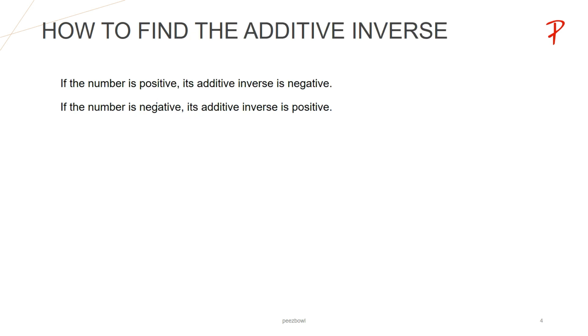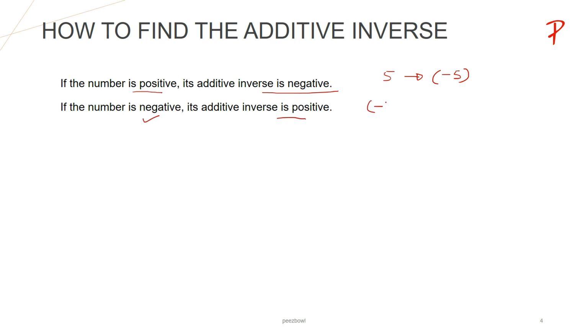Let us understand couple of rules to find out the additive inverse of any number. For any positive number, its additive inverse is a negative number, right? The same number in its negative form. Like we saw, for any positive number 5, its additive inverse is minus 5. And for any negative number, its additive inverse is a positive number.